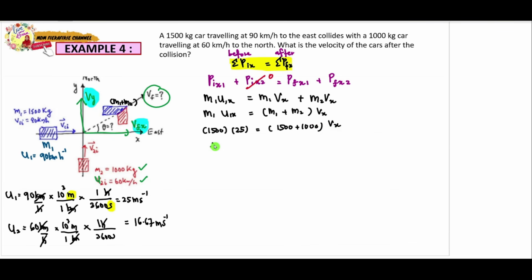Okay, therefore we can calculate Vx equal to 15 meter per second. Okay, kita baru cari Vx, kita nak cari V. Ingat ya, nak cari V. So velocity after collision, so V kita nak cari, kita mesti kena ada Vx squared, kita dah ada Vx plus Vy squared. So sekarang kita nak cari Vy pula.